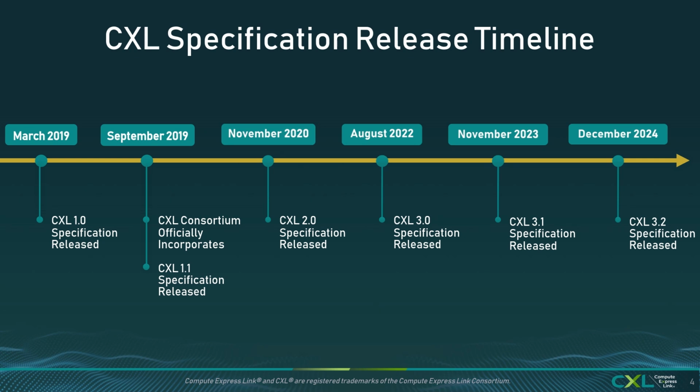A lot of devices and components out there support the CXL 2.0 spec today. In August 2022, we got to 3.0. Soon after that, 3.1, followed by 3.2, about a yearly cadence, based on the environment that we just talked about.